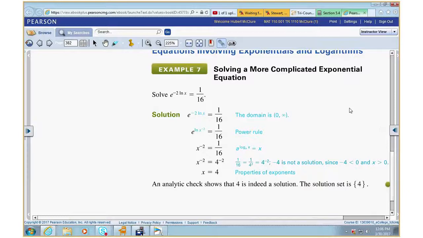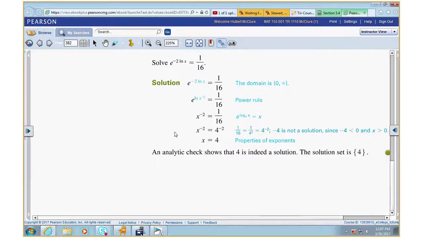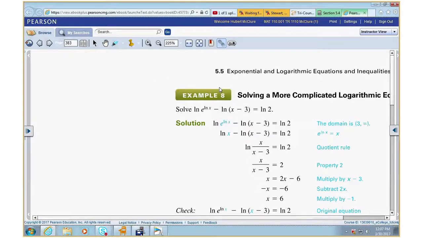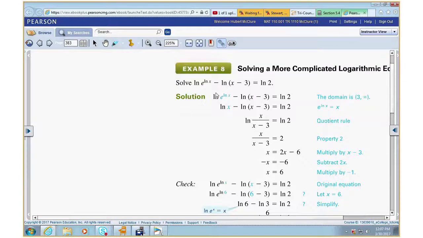So that's not a test question as much as it's a question you're going to see later on. It could be a test question, but not like the other ones. That's another one, just more complicated. I wouldn't put that on the test, but you might see one in the homework.